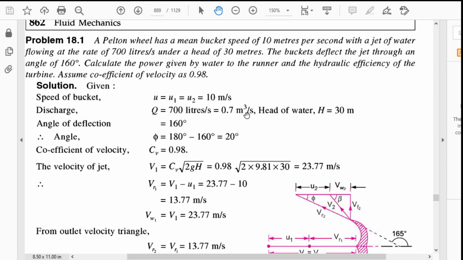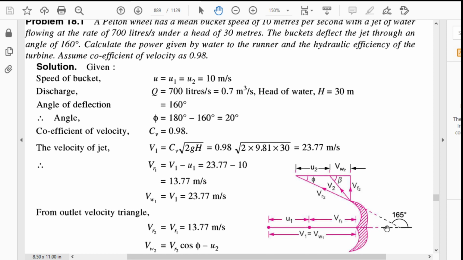We have to convert it into meter cube per second, and under a head of 30 meters, that means that is a net head. So we have written H equals to 30 meters. Now they have also given the deflection angle of 160 degrees here. This is 160 degrees, so that will be your exterior angle.